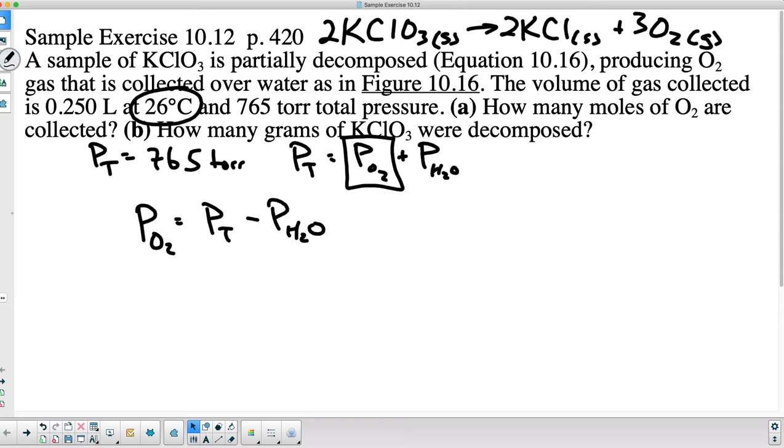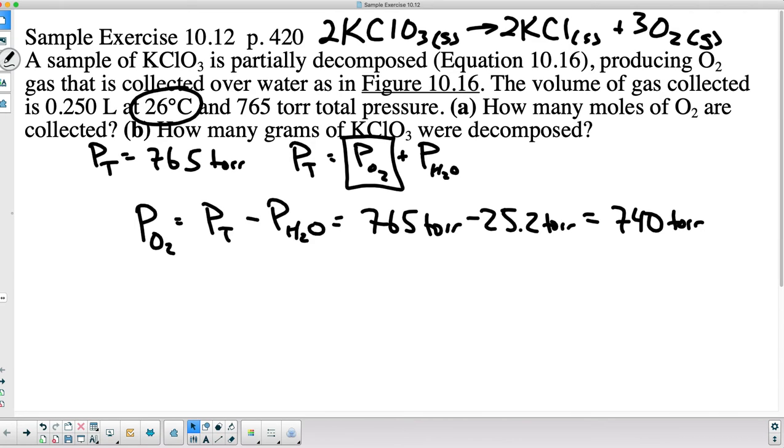That ends up being pretty easy. I take the total pressure of 765 torr, and I subtract 25.2 torr, and I'm going to round off. My pressure of oxygen is going to be 740 torr, and that's the pressure of just O2.